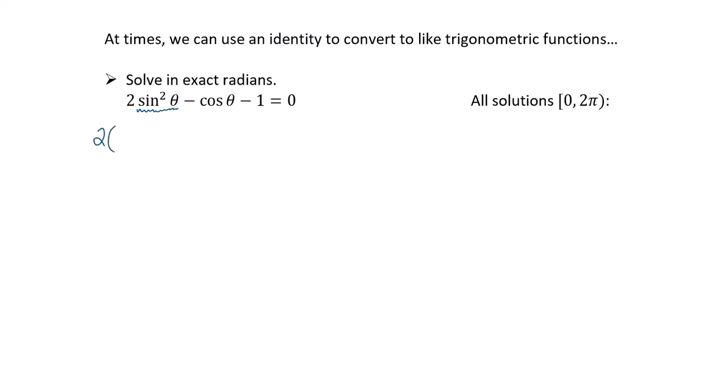So this will be 2 times sine squared theta is 1 minus cosine squared theta minus cosine theta minus 1 equals 0. Now this is similar to algebraically if we had an equation like 2 times 1 minus m squared minus m minus 1 equals 0.